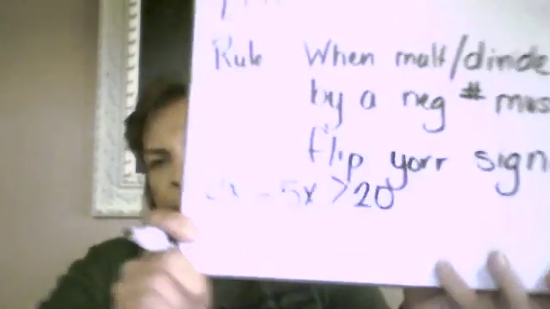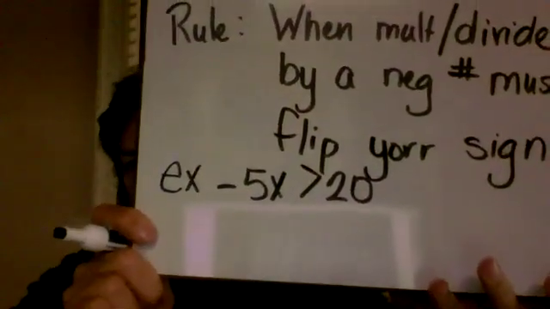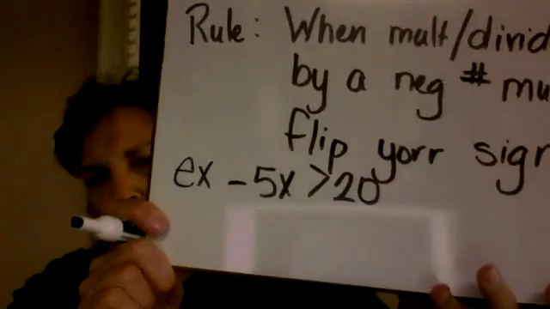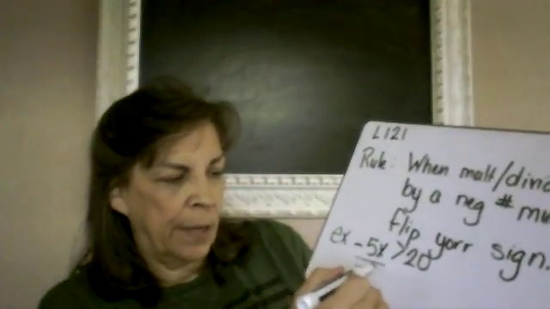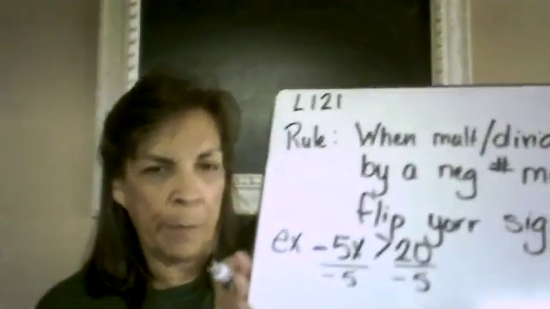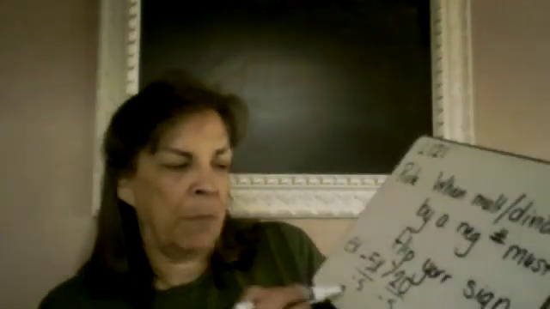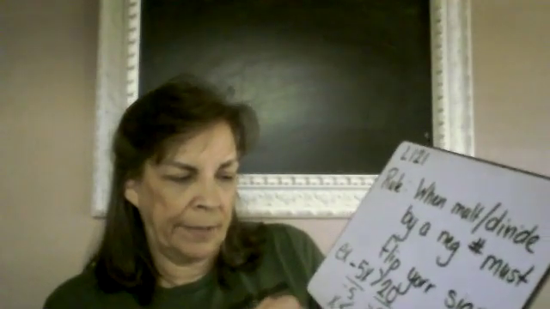If I have negative 5x is greater than 20, and I need to solve for x, well, if I treat it just like an equation, I solve for x, I divide by negative 5. If I divide both sides by a negative number, I must flip my sign.